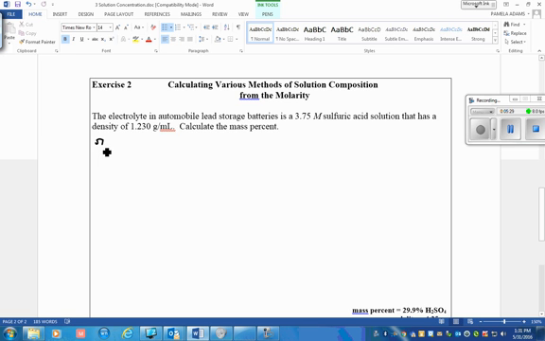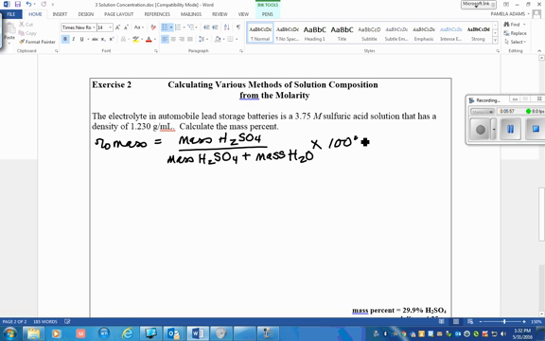Well, we recall that the mass percent, or the percent by mass, would be the mass of the solute, which in this case would be H2SO4, over the mass of the solution, which would be the mass of the H2SO4, plus the mass of its solvent, which would be the mass of water, times 100%. We don't have either one of those things, but we can find them easily.